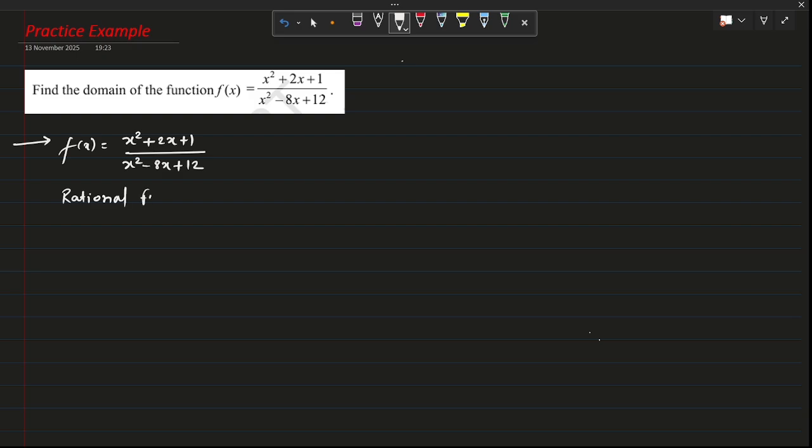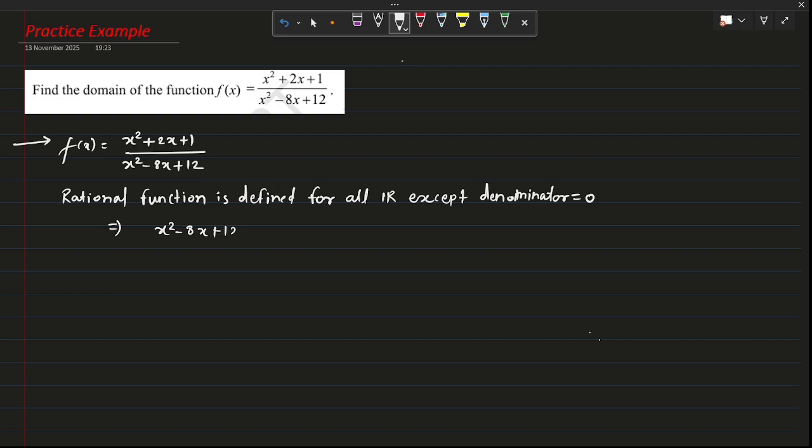A rational function is defined on the real numbers, defined for all real numbers except where the denominator is equal to 0. जहाँ पर denominator 0 बन रहा है, that means x² - 8x + 12 के लिए ये डिफाइन नहीं होगा, equal to 0 के लिए.